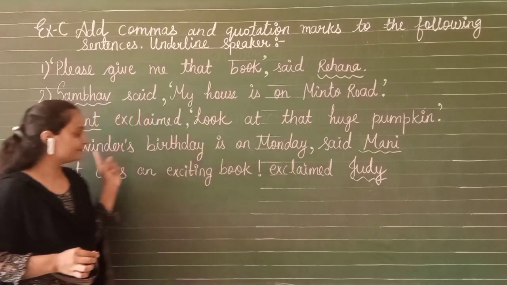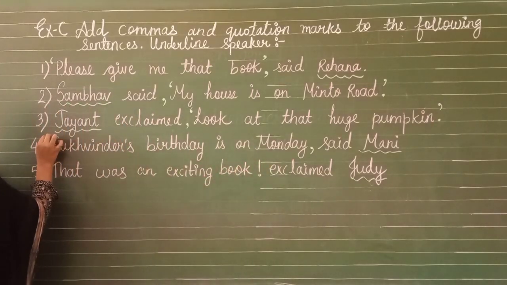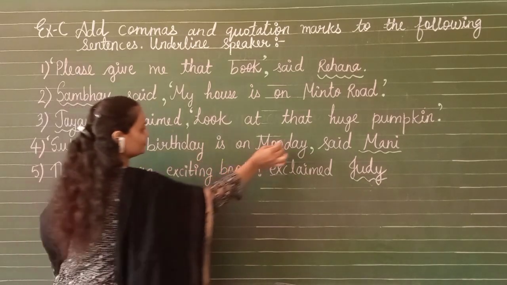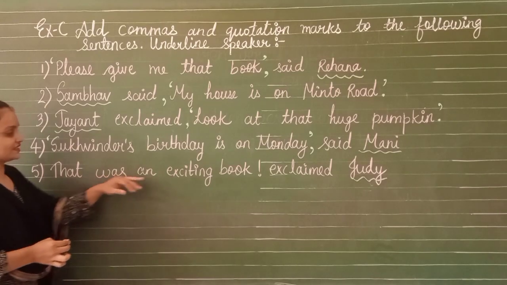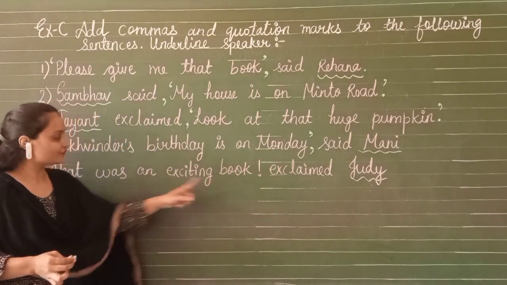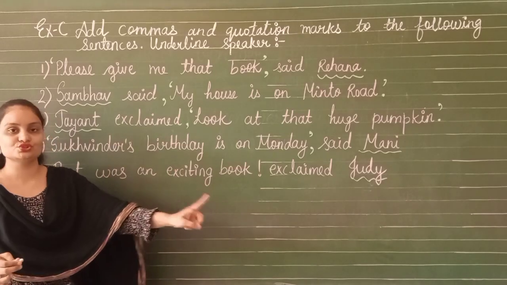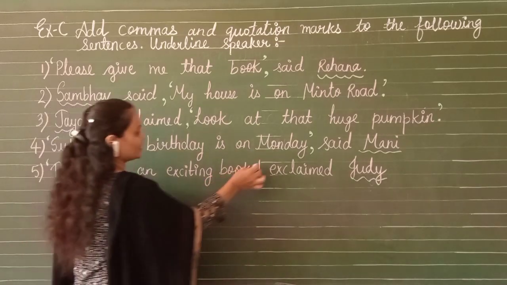So this is the complete sentence spoken by the speaker, so this will be enclosed in quotation marks. Next is, that was an exciting book, exclaimed Judy. This full sentence is spoken by Judy, so we will enclose it in quotation marks.